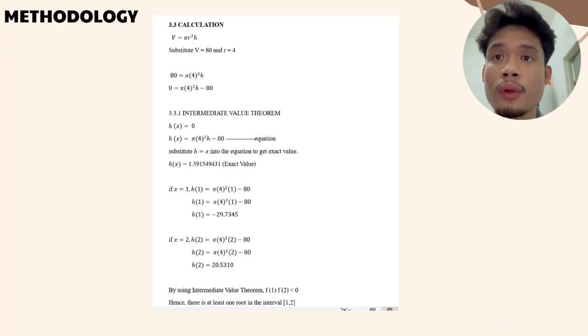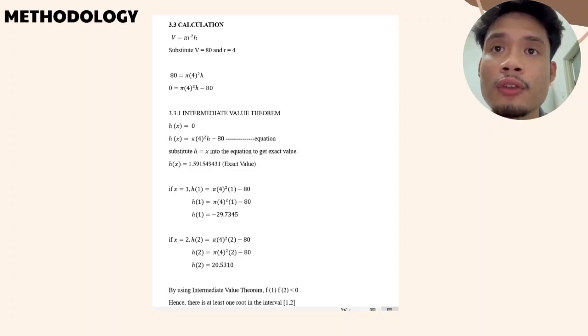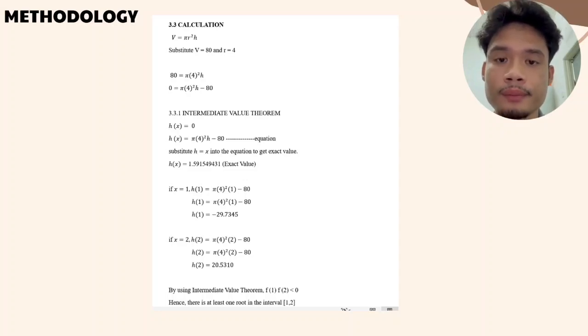First of all, we arrange the formula, moving the V to the other side, and it becomes negative. We do this because we want to find the exact value. After we arrange the formula, we get 1.591549431 as the exact value.